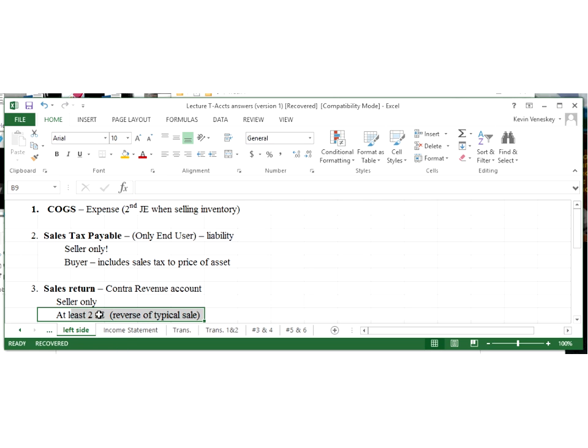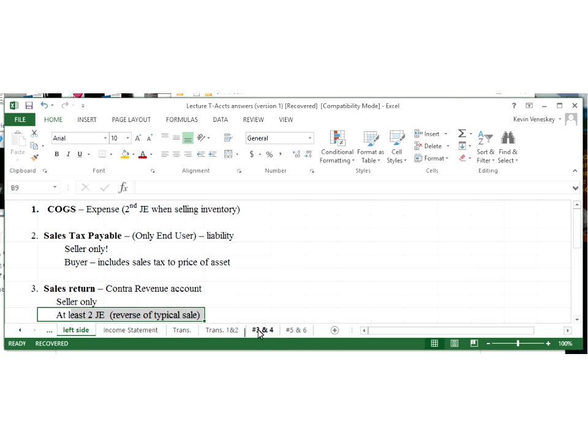And then the second journal entry, instead of debiting cost of goods sold, when you're the seller, you're going to debit your inventory and credit your cost of goods sold because you didn't really sell it. You now have the items back in inventory.